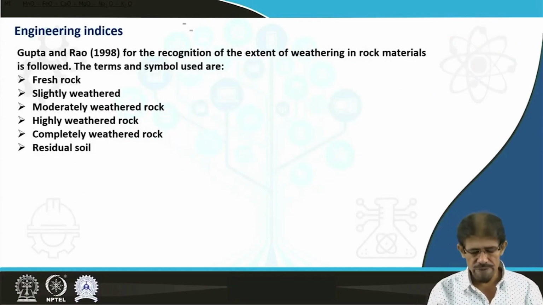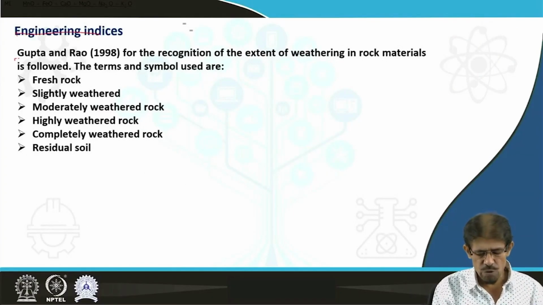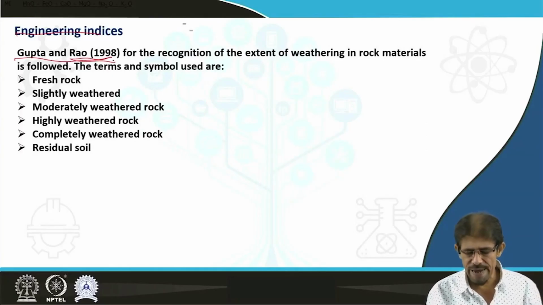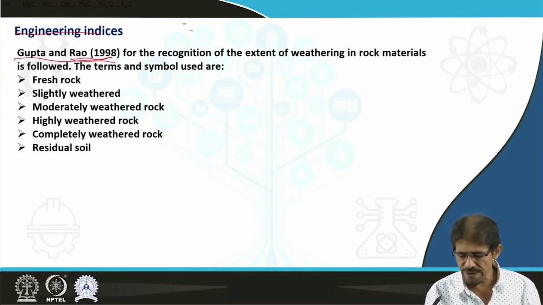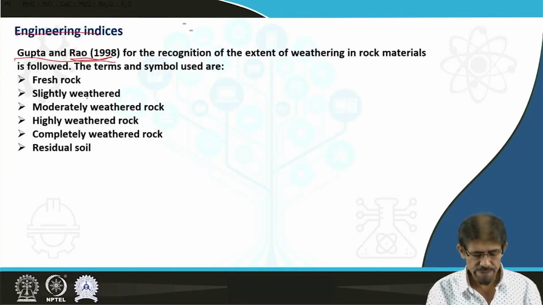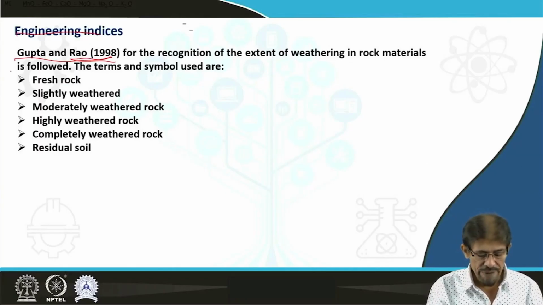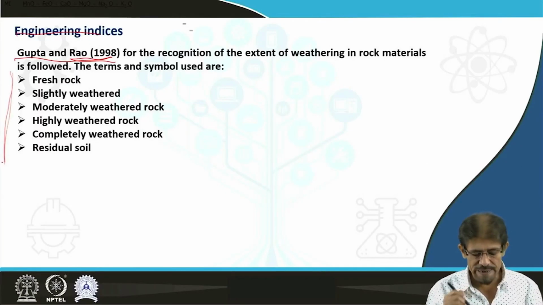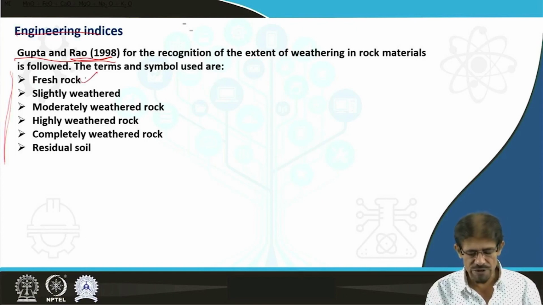In view of engineering indices, Gupta and Rao in 1998 categorized different types of rocks and derived materials into the following groups: fresh rock, with some notations. I have not included the notations here, as they are not useful for this lecture.